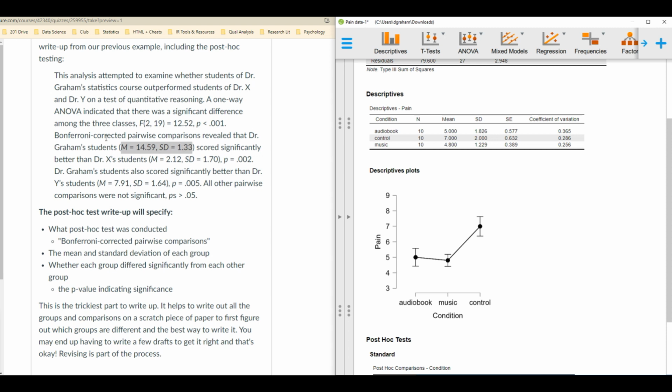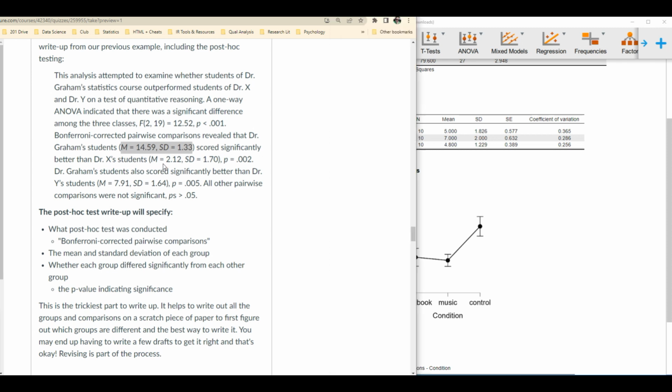So Bonferroni corrected pairwise comparisons, our post hoc test, revealed that one group with their mean and standard deviation scored significantly better than a second group with the mean and standard deviation for the second group, and the p-value that corresponds to this comparison. So group 1 versus group 2, the 2 groups that are listed.